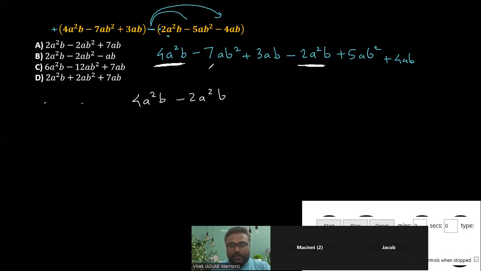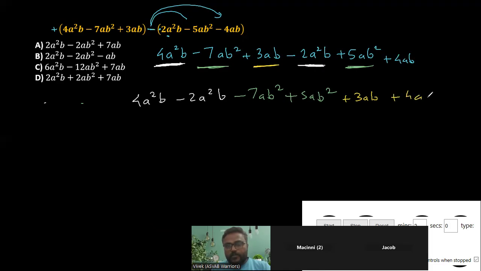Next, minus 7ab square plus 5ab square. Next, what is remaining? Plus 3ab plus 4ab. Just solve it now. 4a square b minus 2a square b would be 2a square b.